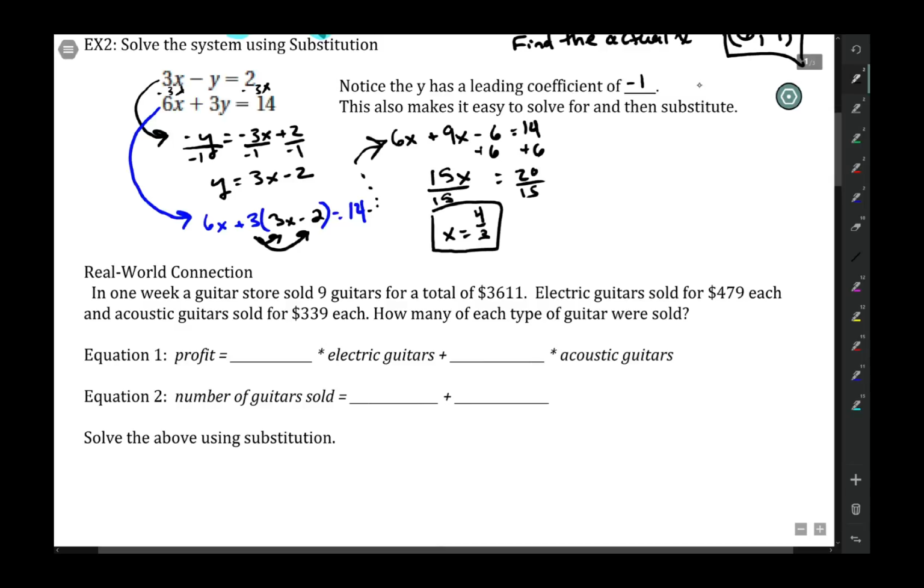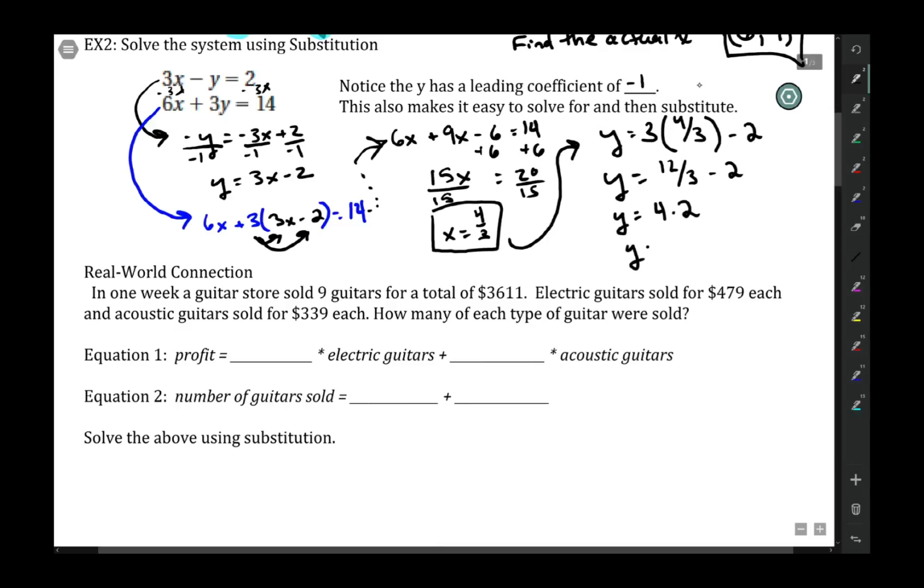But don't forget to find y. And we know y is really 3 times our x minus 2. You again can use any equation, but since we solved for y, we'll use it. 3 times 4/3 is 12/3, minus 2. Well, that's really just 4 minus 2, and y equals 2.